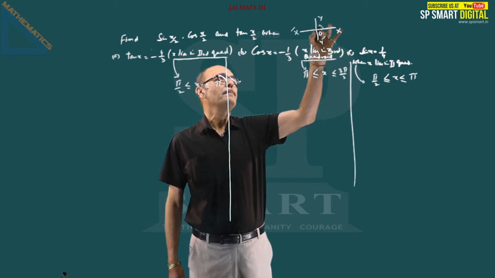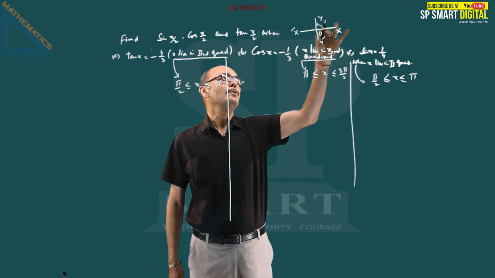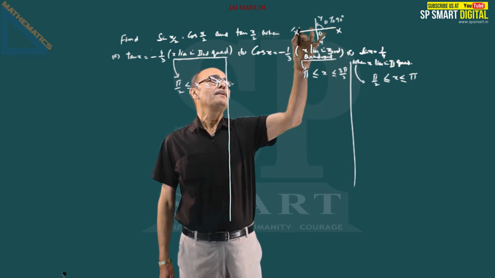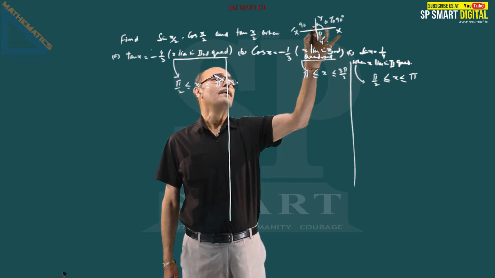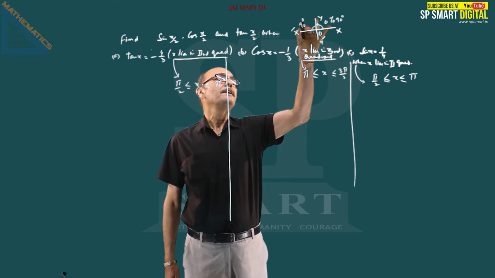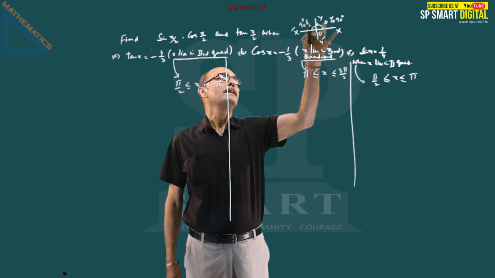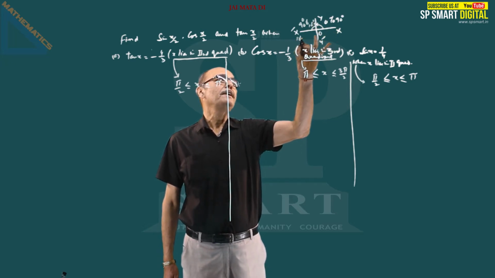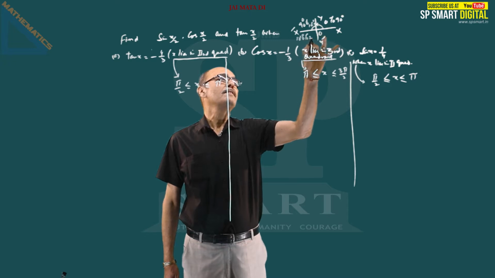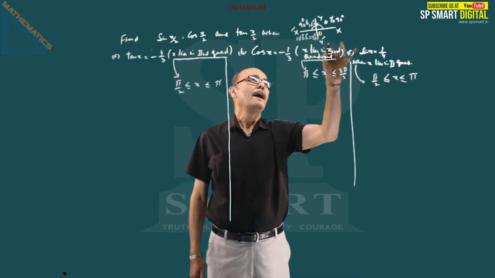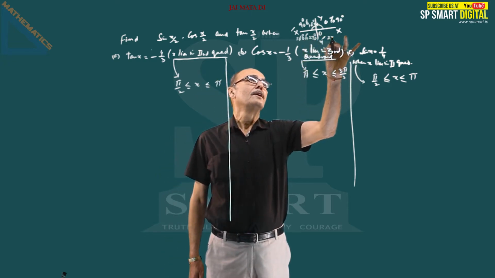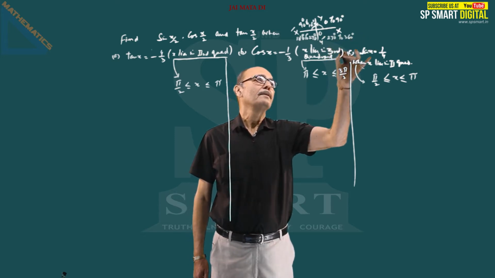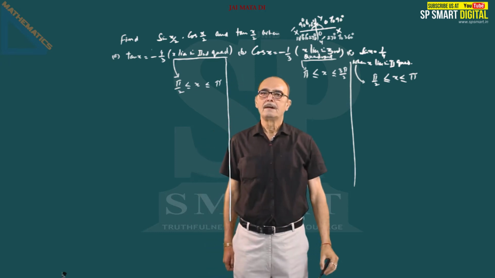In the first quadrant, the magnitude of angle will be from 0 to 90 degrees. In the second quadrant, it is 90 degrees to 180 degrees. In the third quadrant, we have 180 degrees to 270 degrees, and in the fourth quadrant this is 270 degrees to 360 degrees. You can write in radians also like this.